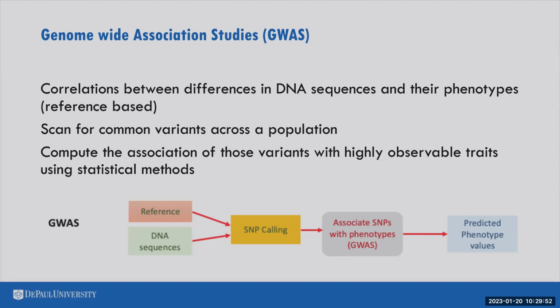Then you use the SNPs to associate them with phenotypes using different statistical methods, and then you predict the phenotype for those, right? So that's what traditionally has been done, and it's a very established method. There are a lot of publications based on genome-wide association studies.